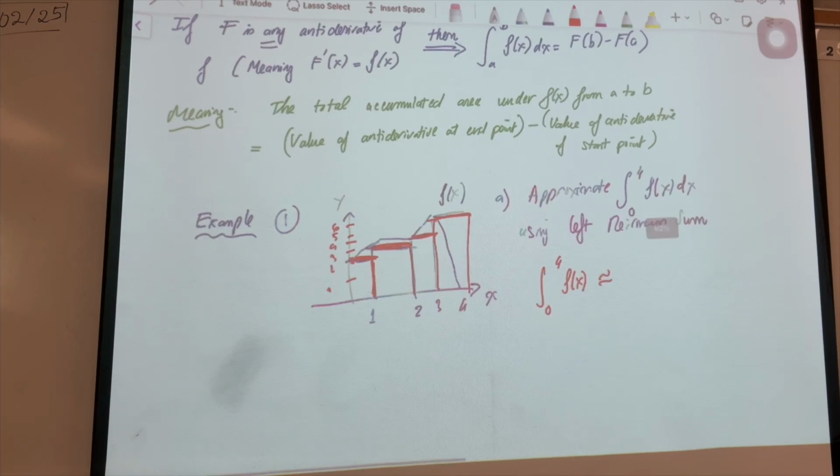A trapezoid? Jasmine has a question. You know how there's left and right? What's the one with the center? It's the middle.